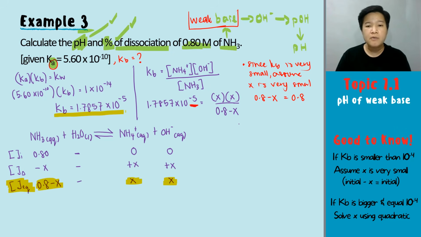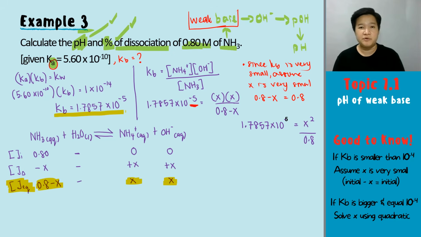It will then become 1.7857 times 10 to the power of negative 2 equals X squared over 0.8. Okay? We make your mathematics much easier by doing this assumption. Solve the mathematics, then you will get your X over here.